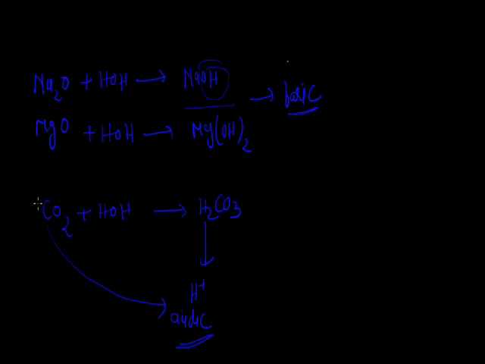Since when non-metal oxides dissolve in water, they give acid and acid finally gives H plus. When we dissolve metal oxide in water, they give metal hydroxide and metal hydroxide gives OH negative ions. So we can say that metal oxides are basic in nature, but non-metal oxides are acidic in nature. But there are so many exceptions.